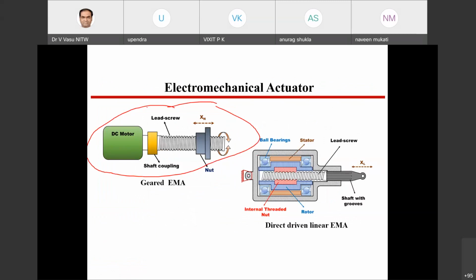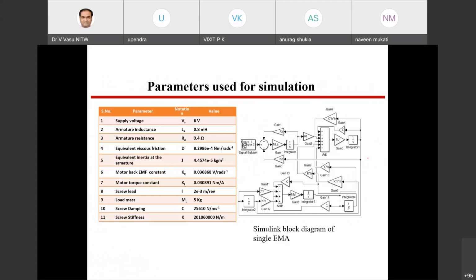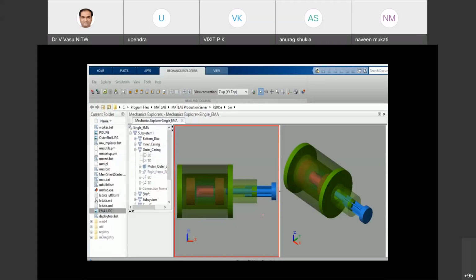We have modeled this in MATLAB Simulink, and this is how the single actuator is going to be working. If this single actuator is used for the aileron and it fails, the total aircraft crash will occur.